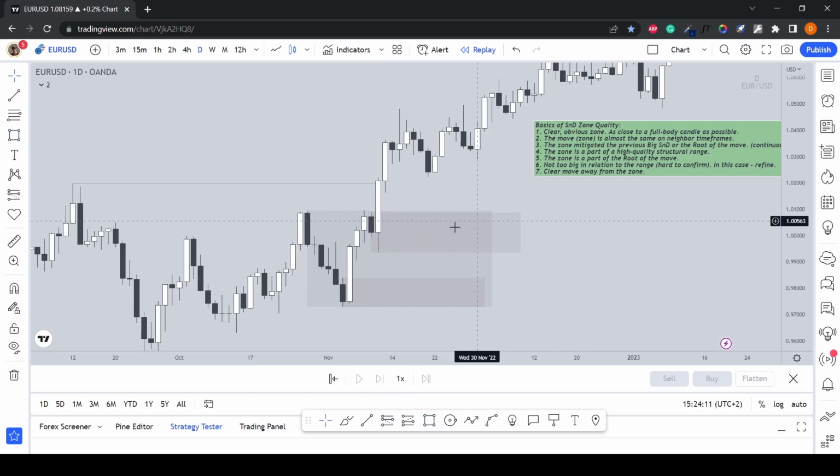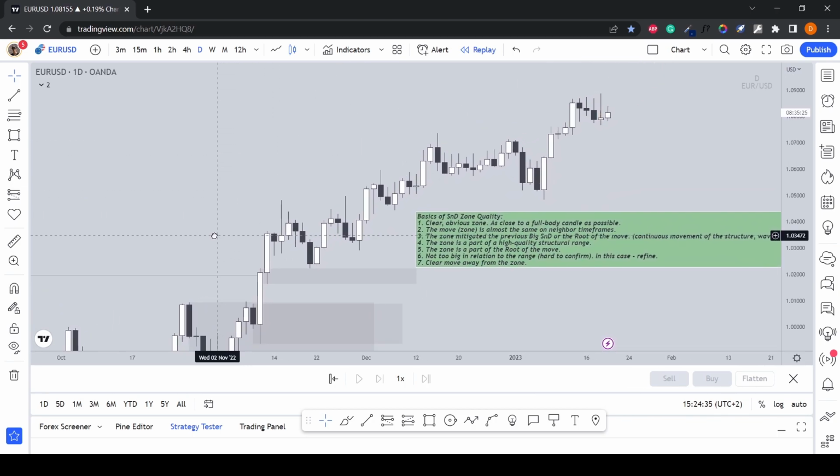That's also okay. But if you say that you want to confirm this one, by the way, it worked. It was almost perfectly mitigated and worked in the end, but in this case this represents a lower quality zone because it's not a part of this structural pullback, it's not a part of the root of the move.